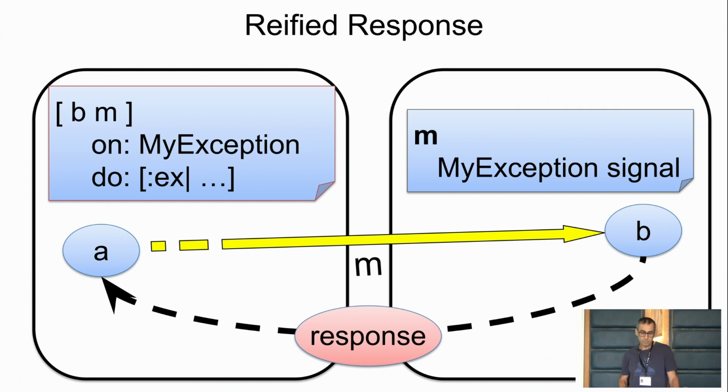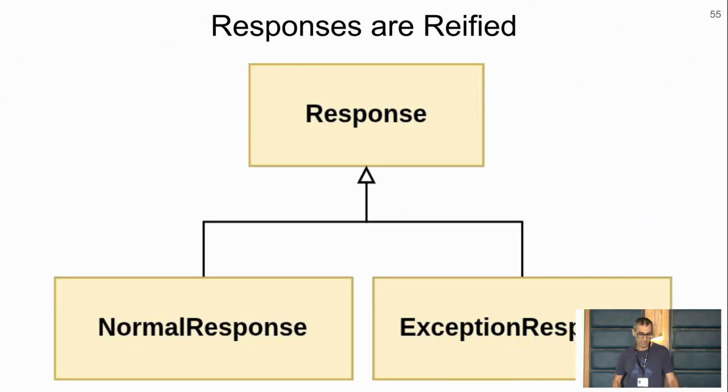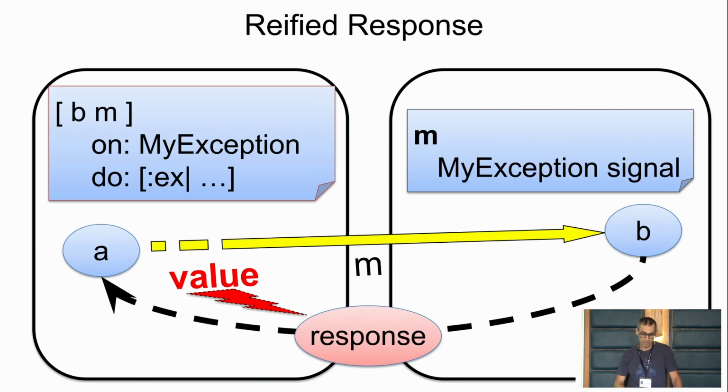So what we do is reify responses. Whatever response it is, we pack it into an object that sends it back. We have so far two kinds of responses in the hierarchy: a normal response, which is basically a value, and an exception response.